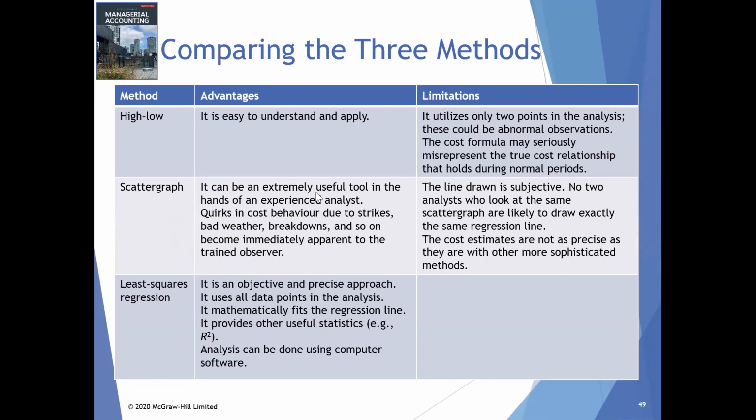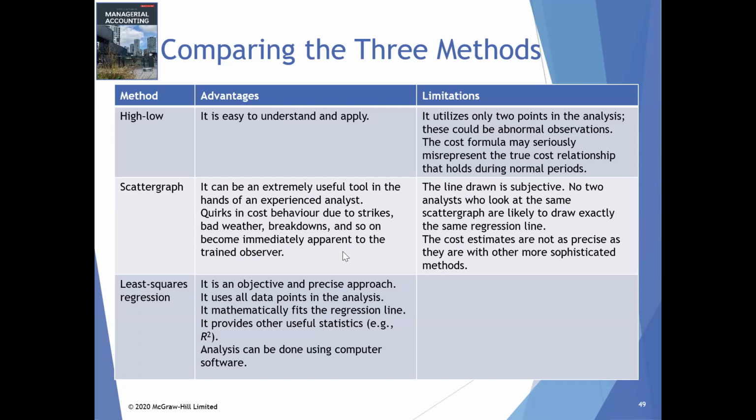Scatter graphs can be an extremely useful tool in the hands of an experienced analyst, and cost behavior due to strikes, bad weather, or a breakdown becomes immediately apparent to the trained observer, right?